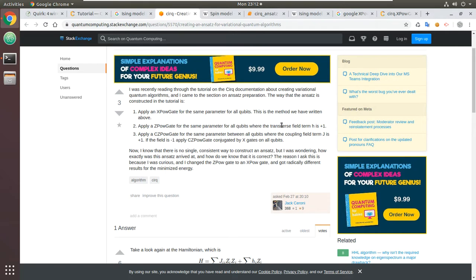Yeah, whatever. Change the Z power gate to an X power gate and got radically different results for the minimized energy. I was wondering how exactly the answers were arrived at.